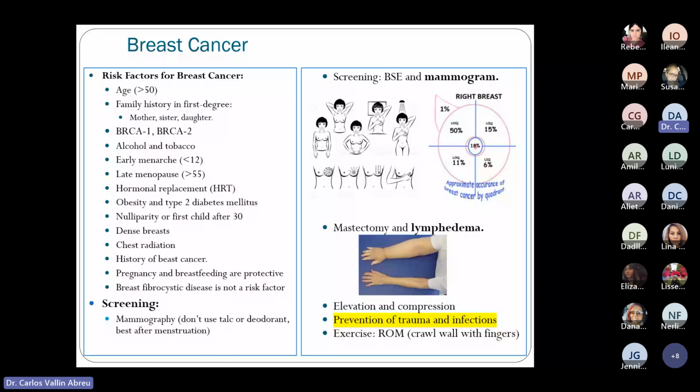In that case, we use normal saline. The majority of clients with burns don't have hyperkalemia or renal failure, only a minority. So most clients with burns will receive lactated Ringer's.